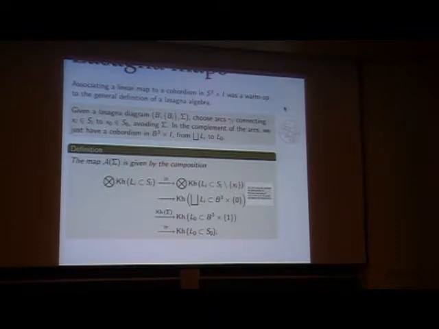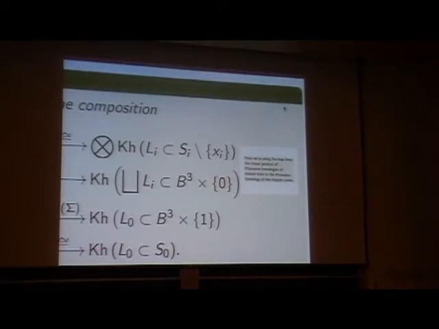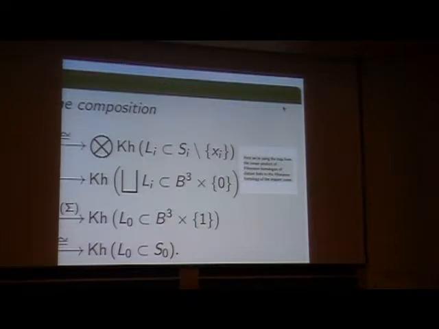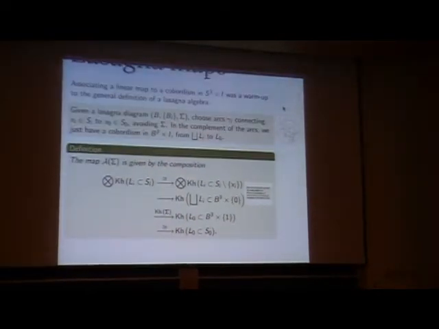Now we go from that tensor product of Khovanov homologies to the Khovanov homology of the disjoint union of all of those links. So we're using something about Khovanov homology there, that there is this map from the Khovanov homologies of individual links to a Khovanov homology of disjoint union, but that's easy and not very surprising.